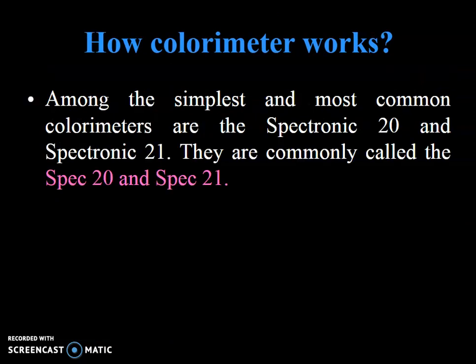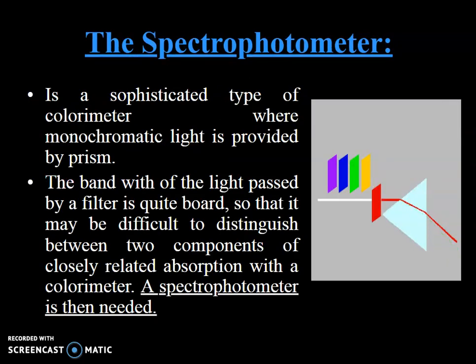Among the simplest and most common colorimeters are the Spectronic 20 and Spectronic 21, commonly called Spec 20 and Spec 21. Now friend, a spectrophotometer is a sophisticated type of colorimeter where monochromatic light is provided by a prism.